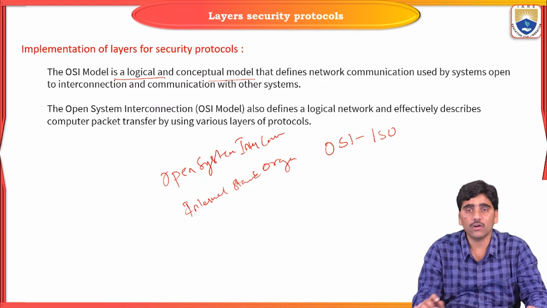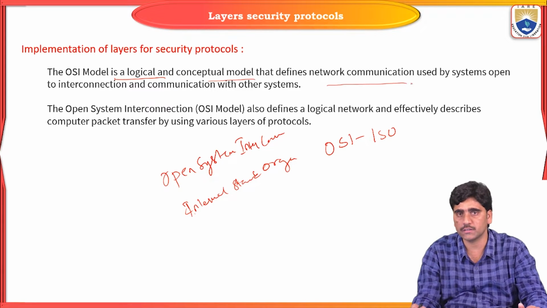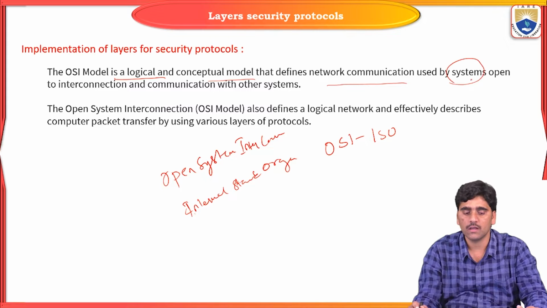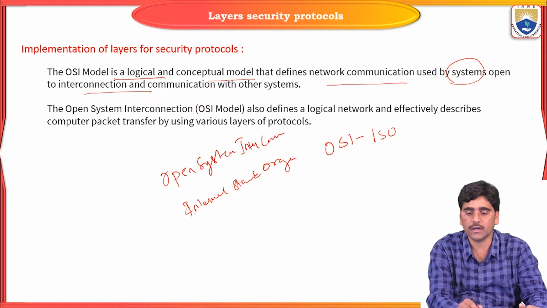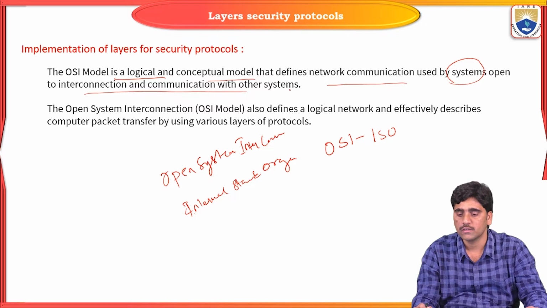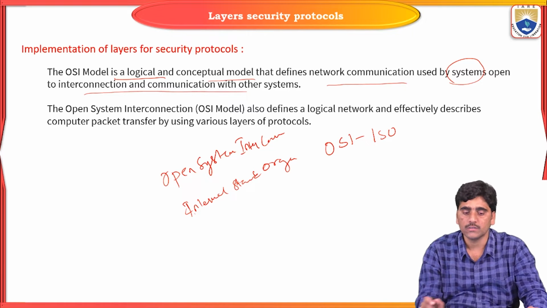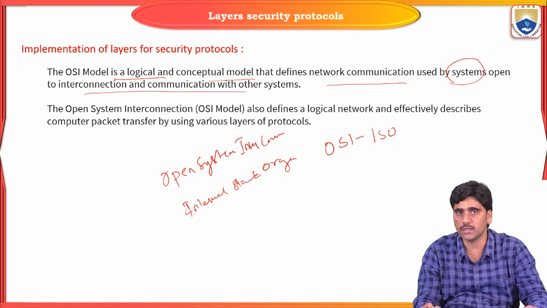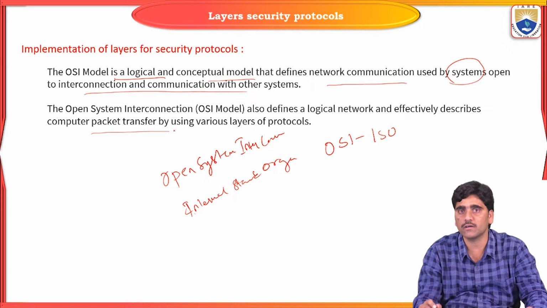It defines network communication used by systems open to interconnection and communication with other systems. The systems communicate with other systems in the open world. The OSI model also defines a logical network, and it effectively describes computer packet transfer by using various layers of protocols.